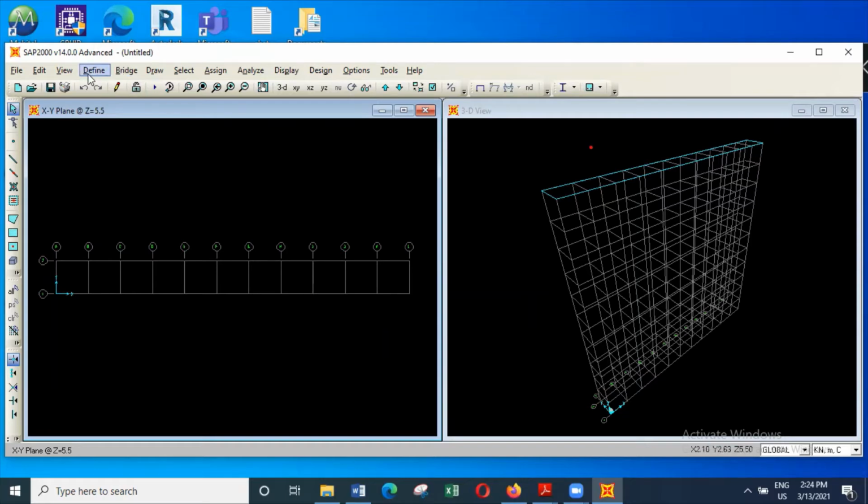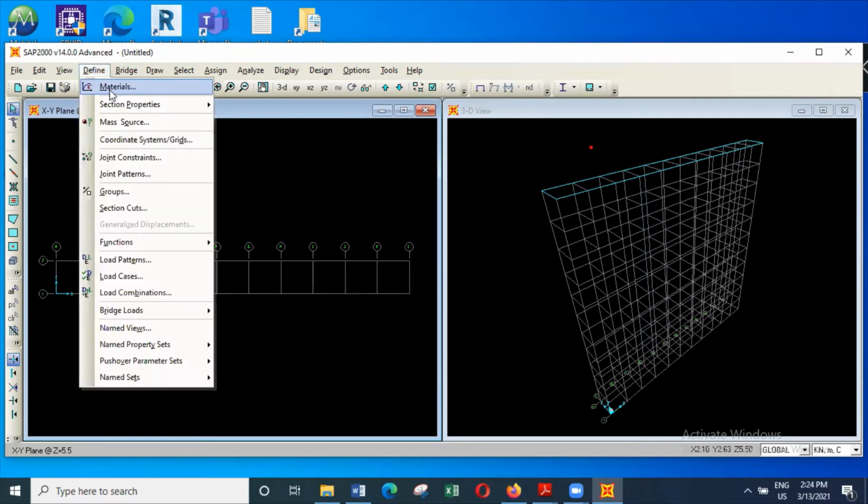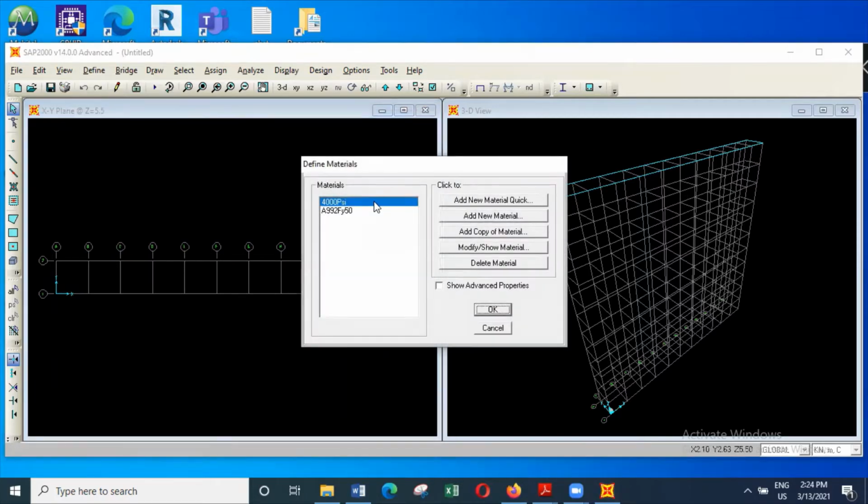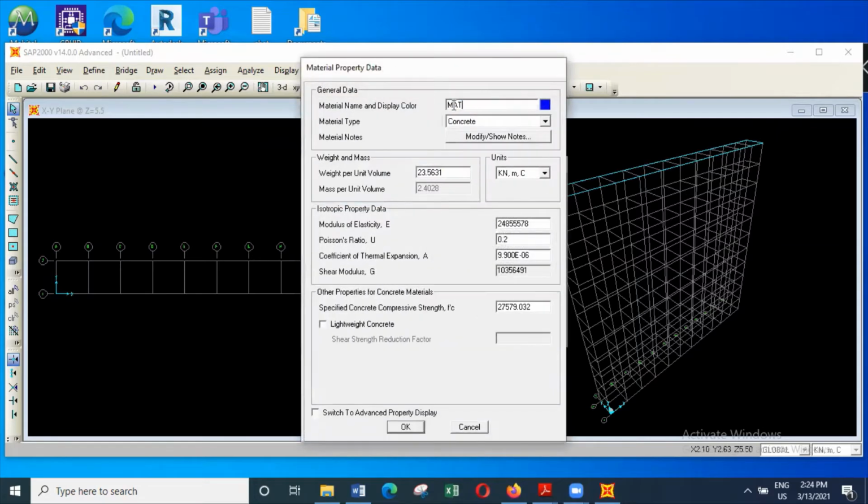And then what I do is I'll define a material, and here you can see this concrete. So I can make a copy of concrete. So I can say concrete 25, and I have to give the correct elastic modulus.